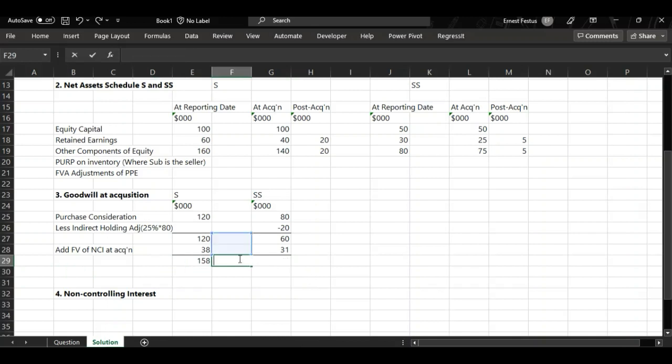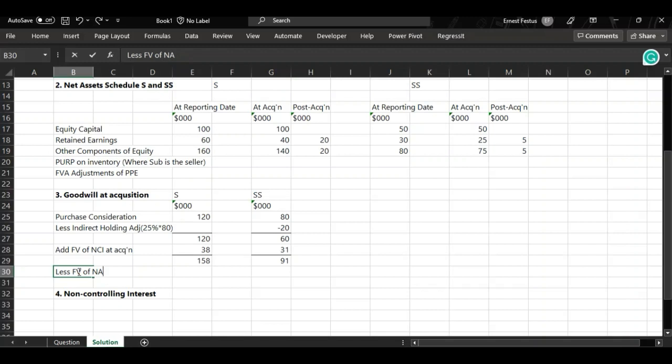So what you will do is you will have to less the fair value of the net assets, which we got from our net assets schedule.